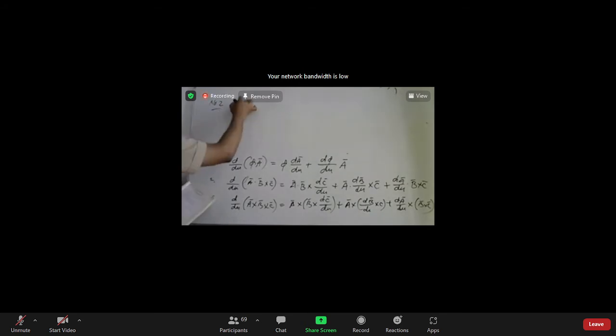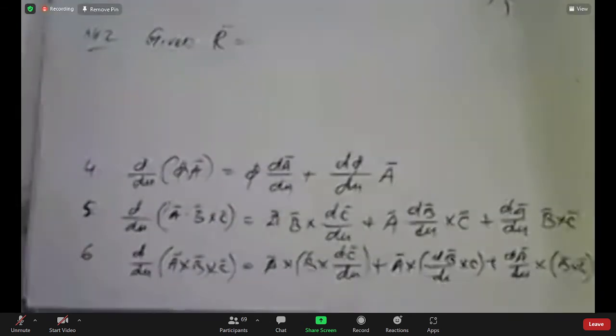Is phi a vector? No, phi is a scalar. Phi is multiplied by the vector A. Do not confuse it with a vector. That is why no dot sign is given.